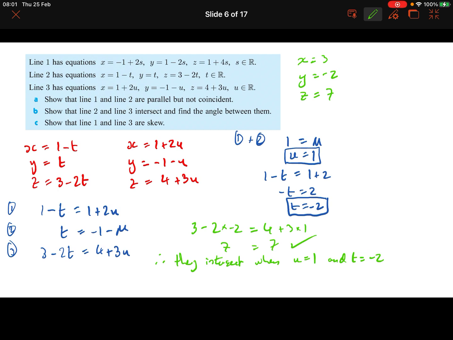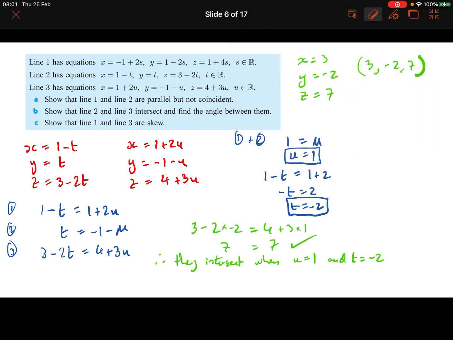So I know they're going to intersect at the point (3, -2, 7). If I used t and just substituted it into the equation of line 2, I'd get the same answer. So not only can I show that they're intersecting, I can find that point of intersection.